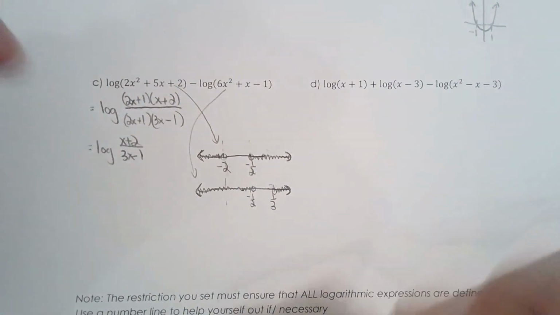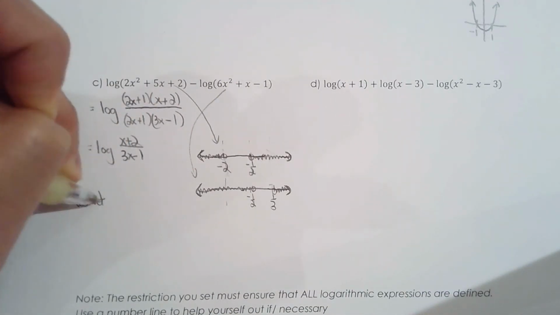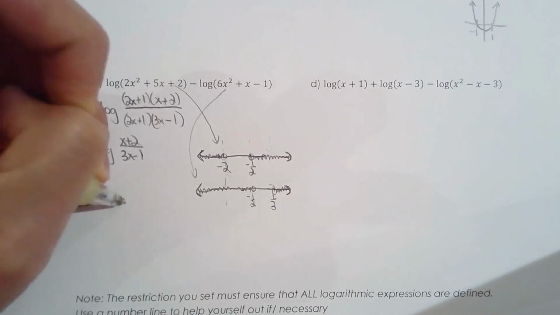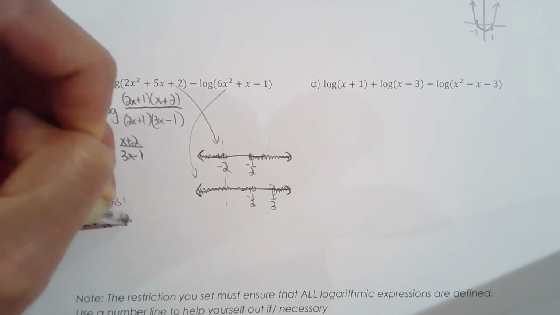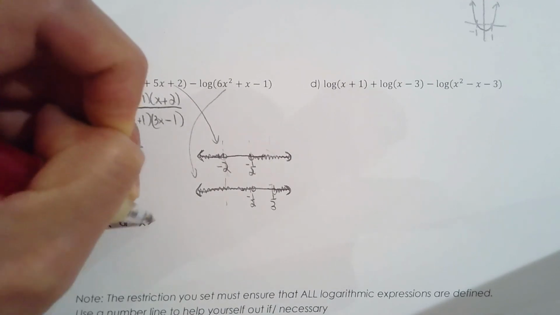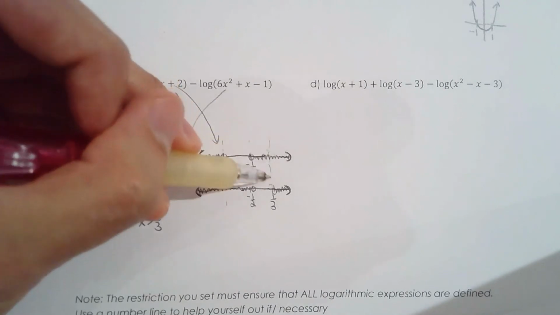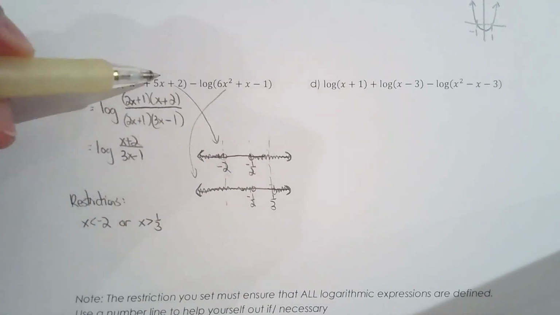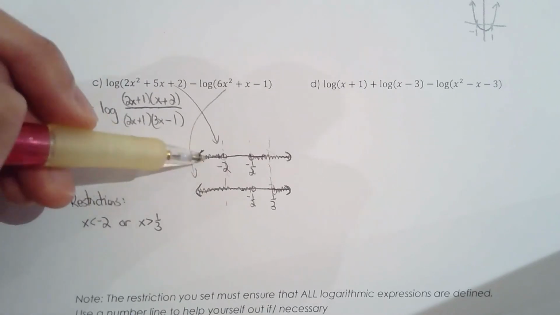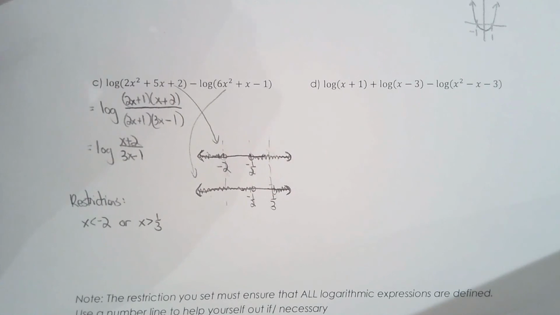So restrictions: x is less than negative 2, or x is greater than 1/3. Based on what the number lines are showing me, both terms are defined when x is less than negative 2, here and here, or when x is greater than 1/3.